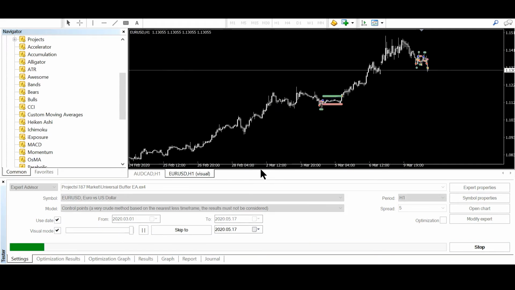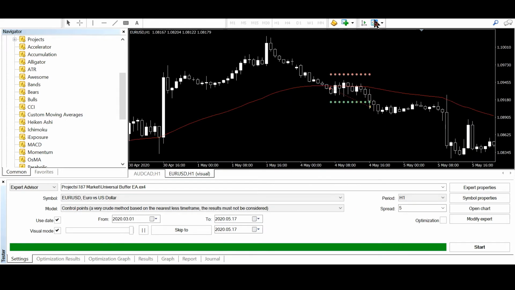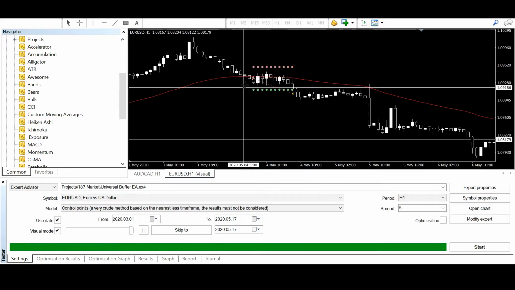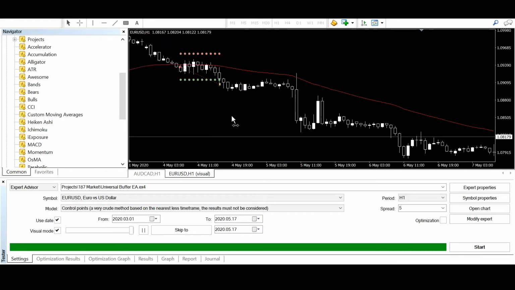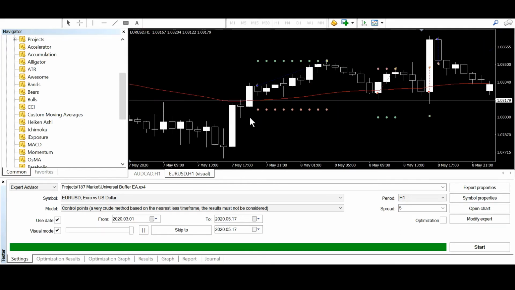So now it downloads the history and it trades the moving average. Here you see candle close is below the moving average, so a sell trade will be opened. Here candle close is above the moving average, so a buy trade will be opened.